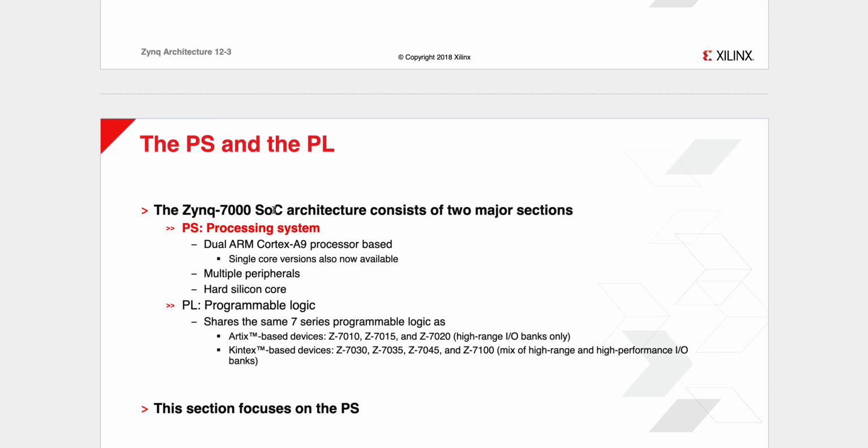The processor consists of peripherals, ARM Cortex, and memory interfaces. The second section of the Zynq 7000 system on chip is the programmable logic.